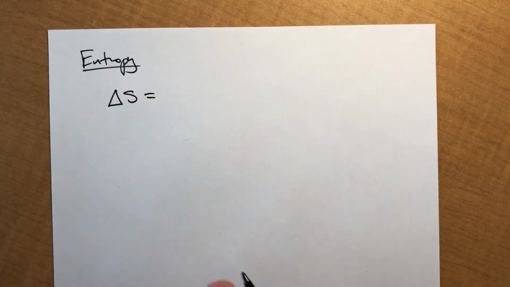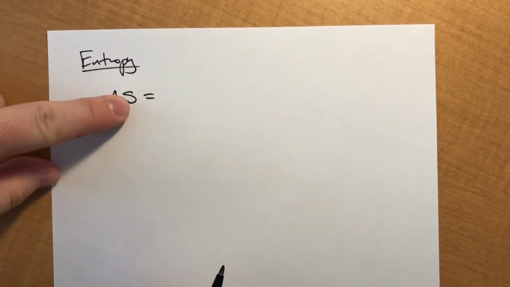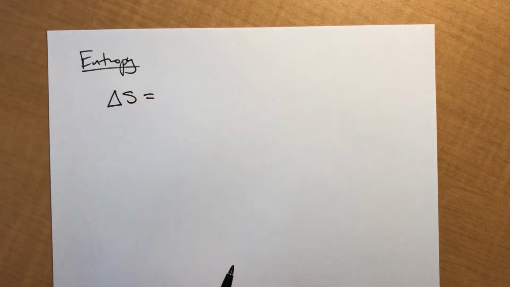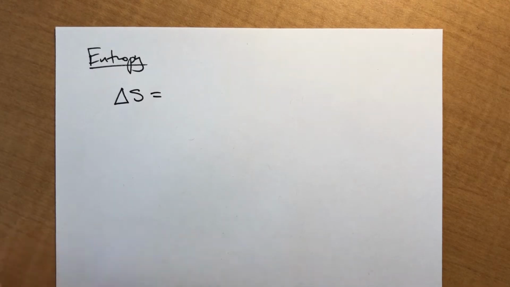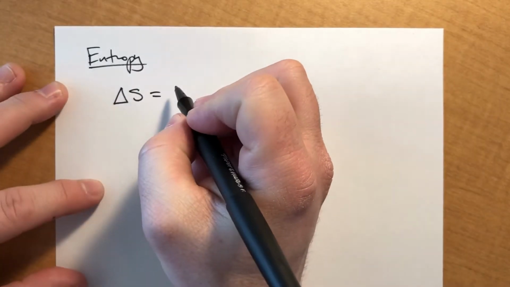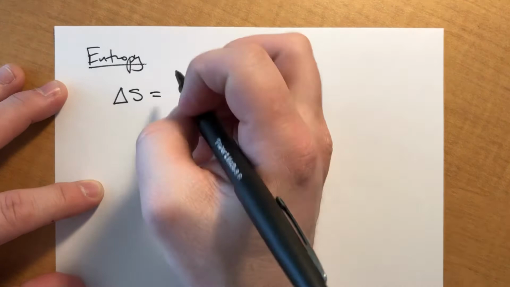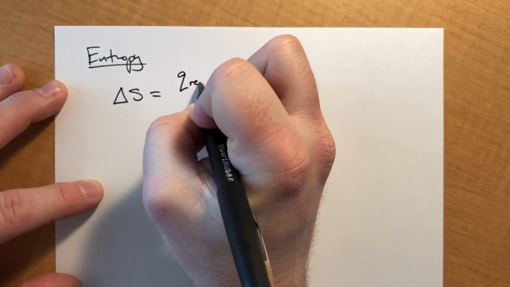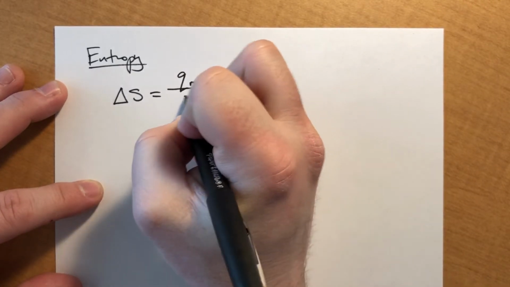This is delta S. I don't know why entropy is delta S, but I also don't know why enthalpy was delta H. Neither of those seem to make sense to me, but that's okay. So we're going to define entropy as Q reversible divided by temperature.